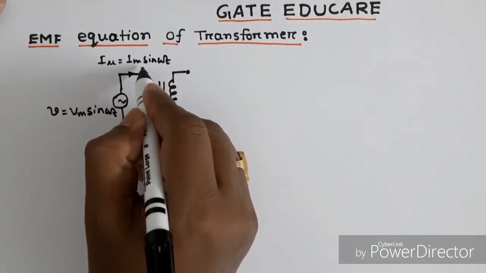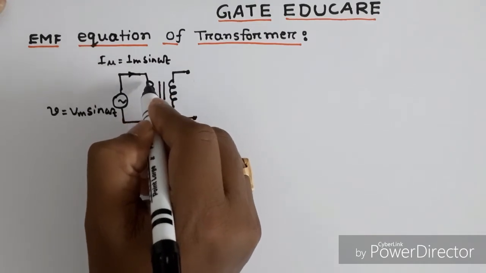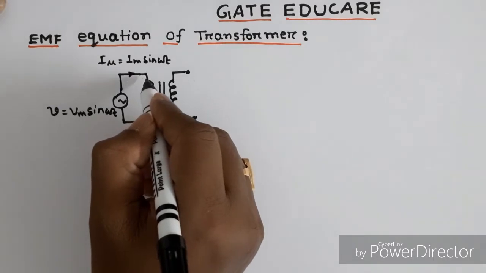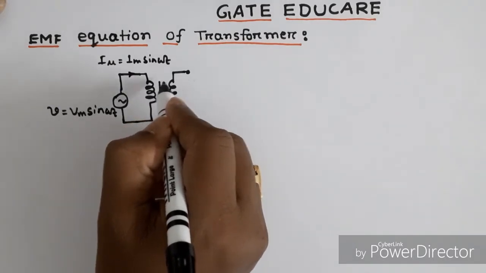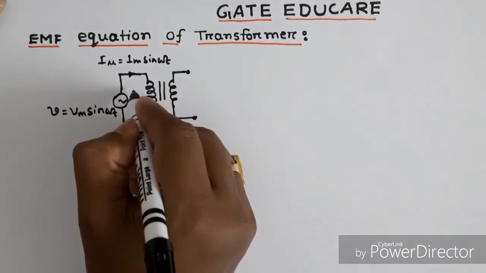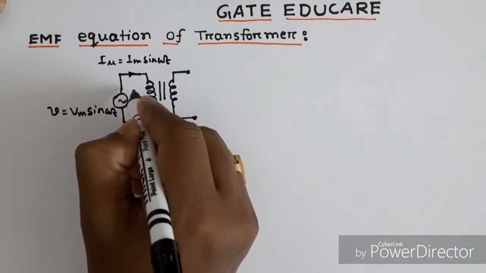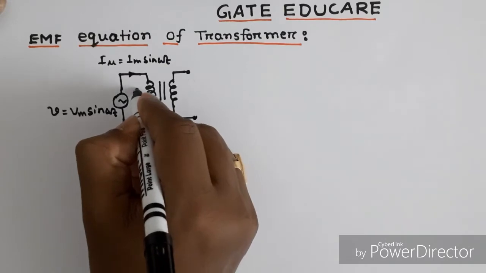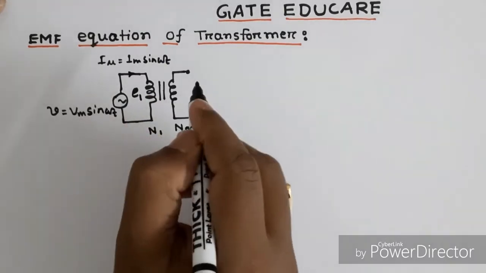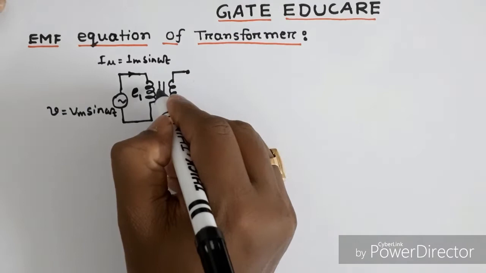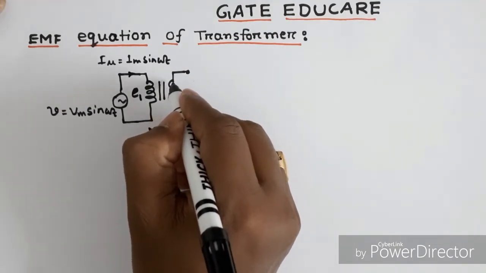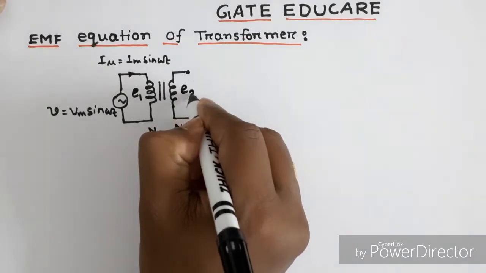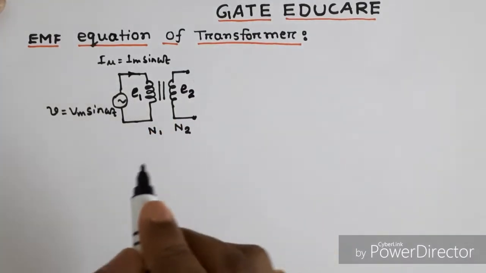Due to this alternating current, a flux phi will be produced in the primary winding which links both primary and secondary. As a result, according to Faraday's law of electromagnetic induction, an EMF E1 will be induced in the primary of the transformer. Similarly, since the phi links with the secondary also, an EMF E2 will be produced in the secondary winding also.